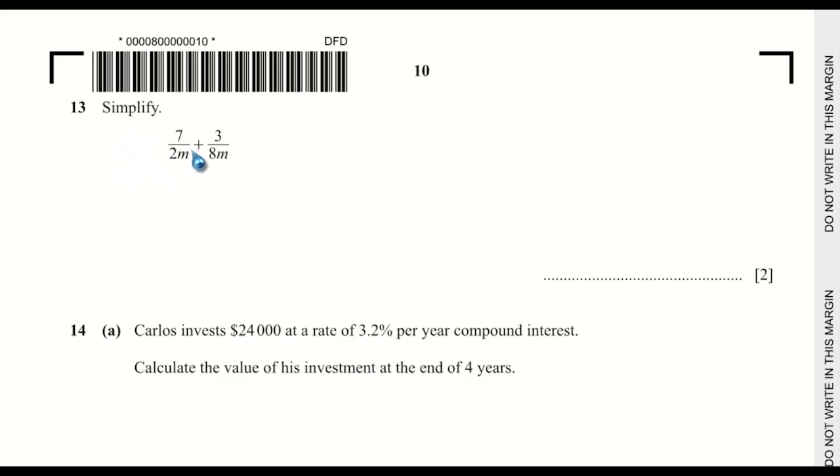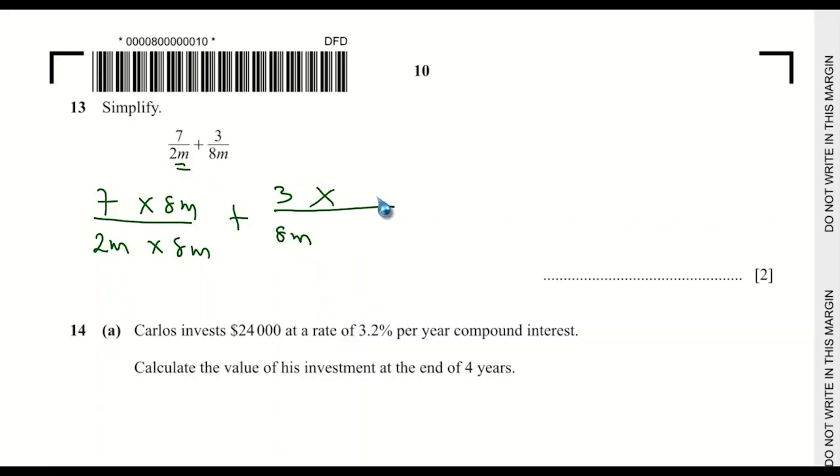That will be question 13. We need to simplify this. So how do we simplify? Let them have a common denominator. So I can say 7 over 2m, multiply this by 8m, plus for this one 3 over 8m, multiply by 2m. 7 times 8m is 56m over 16m squared, plus 6m over 16m squared.